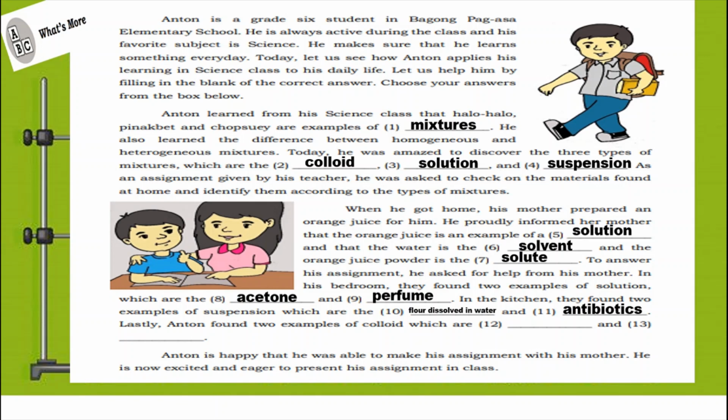Lastly, Anton found two examples of colloid which are gelatin and mayonnaise. Anton is happy that he was able to make his assignment with his mother. He is now excited and eager to present his assignment in class.